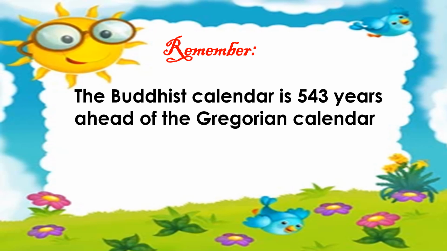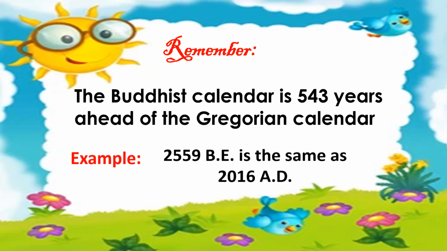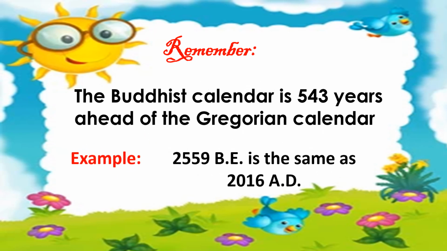For example, 2559 BE is the same as 2016 AD.